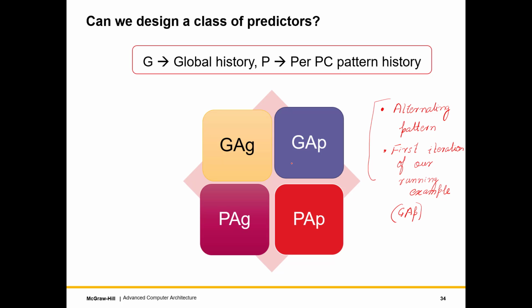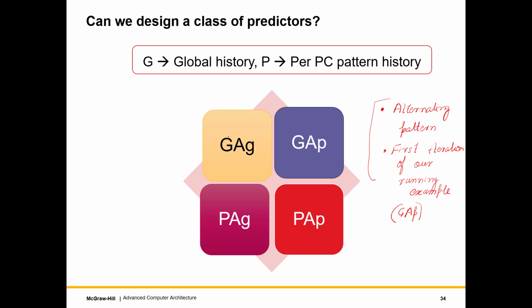So I start with creating a design space of predictors, which I call gag, gap, pag and pap, and we will see that they capture different patterns in the code. These are commonly visible patterns in the code, and only if they are captured will we get a high accuracy.